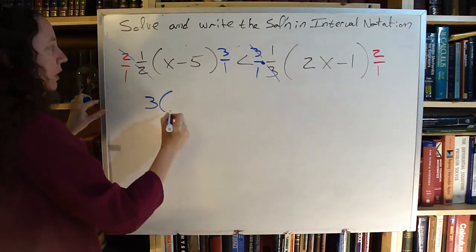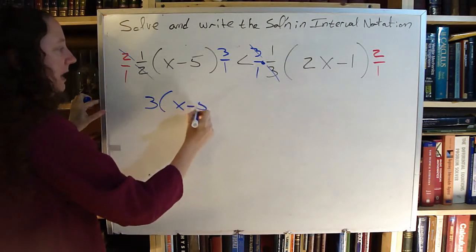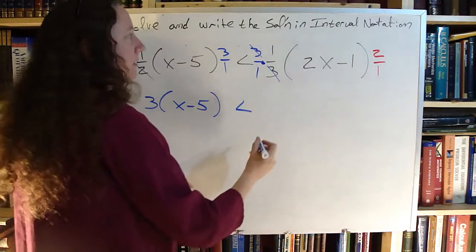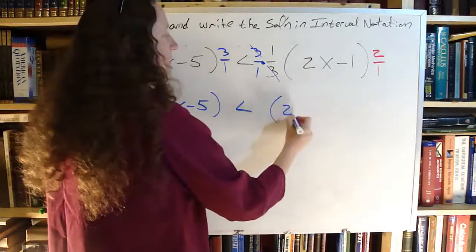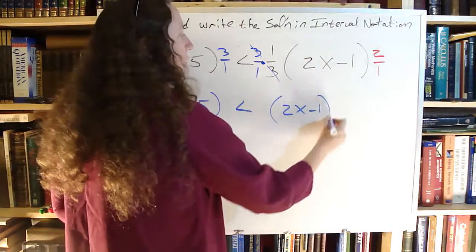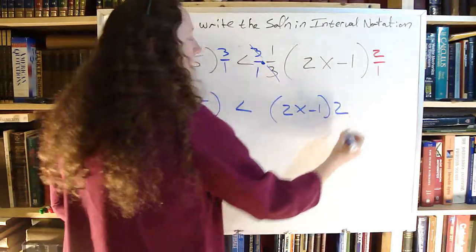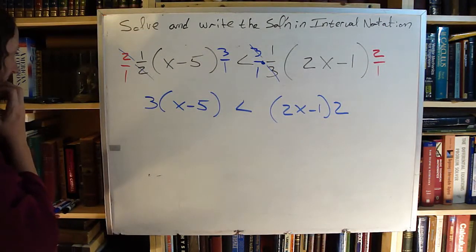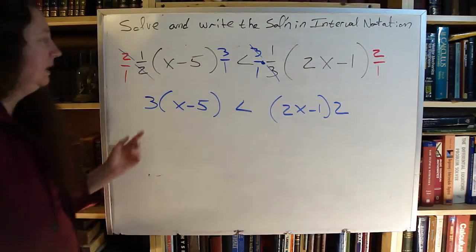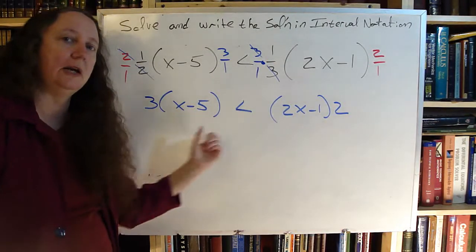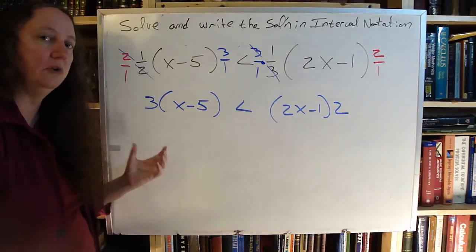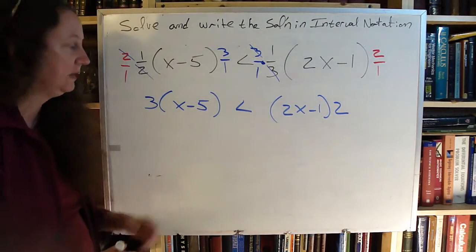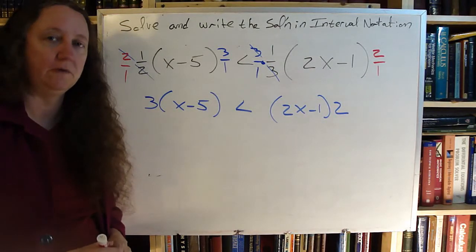So I have 3, open parentheses, x minus 5, close parentheses, is less than, open parentheses, 2x minus 1, close parentheses, times 2. Now that you see it looking like this, it looks a lot easier than when it had the fractions on it. Now you can handle it and you can solve it on your own.